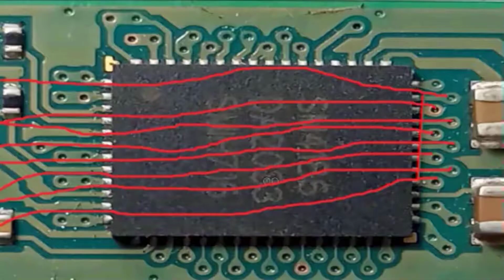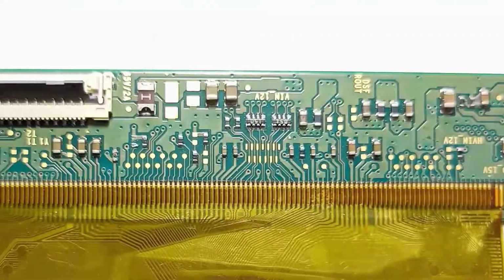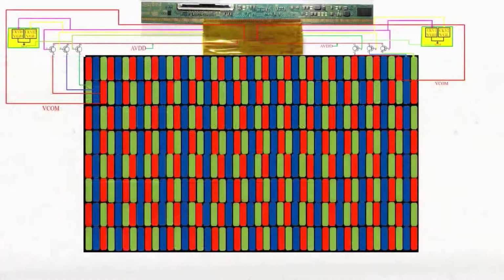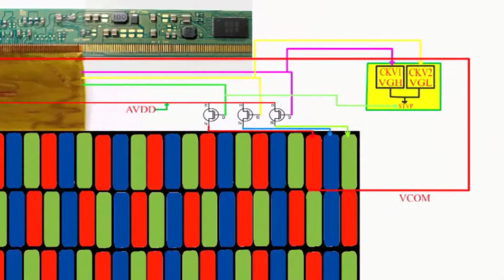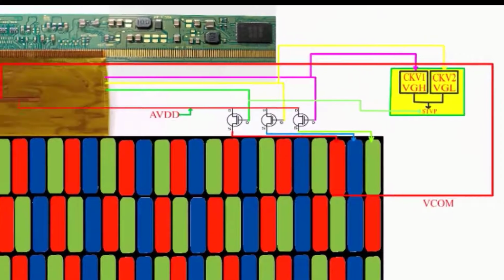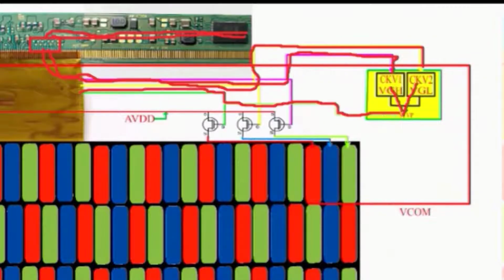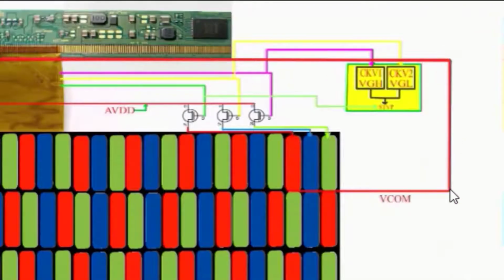The data signals from the DC to DC IC are input to the glass from both sides. The gate signal voltage is input to the glass along with two voltages, VGH and VGL, from the DC to DC IC. Along with that, two more voltages, AVDD and VCOM, are input to the glass from the source IC.